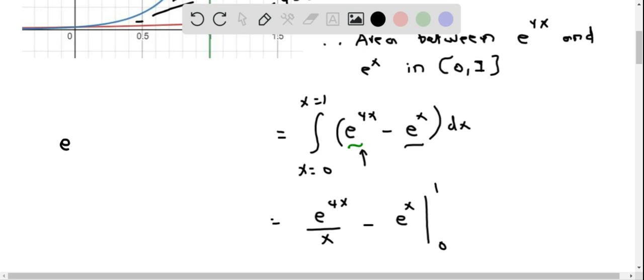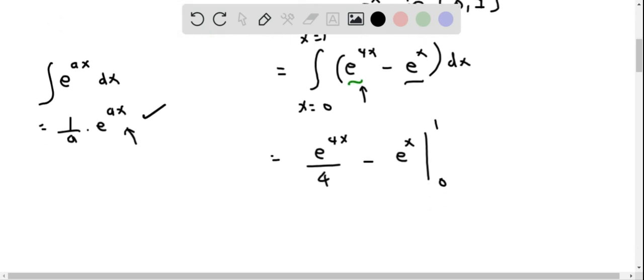In general, the integral of e^(ax) is (1/a) e^(ax). I have utilized this formula where a equals 4 here. So the denominator is not x, it is 4. I just corrected this. So we get e^(4x) over 4, or we can also integrate this using the substitution method.